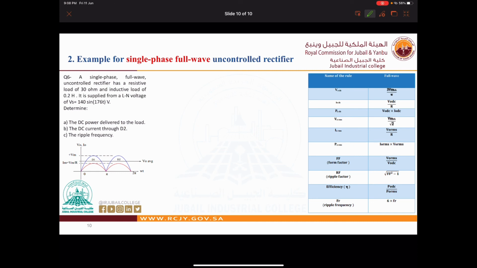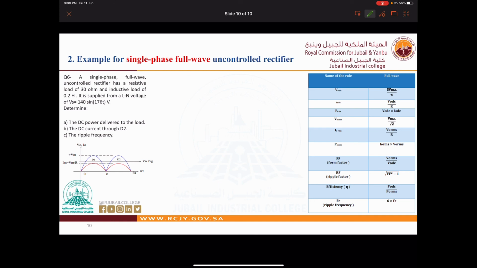Now let me just only revise with you one important example for the single phase full wave uncontrolled rectifier. I haven't given you this example, so I included it with this lecture.